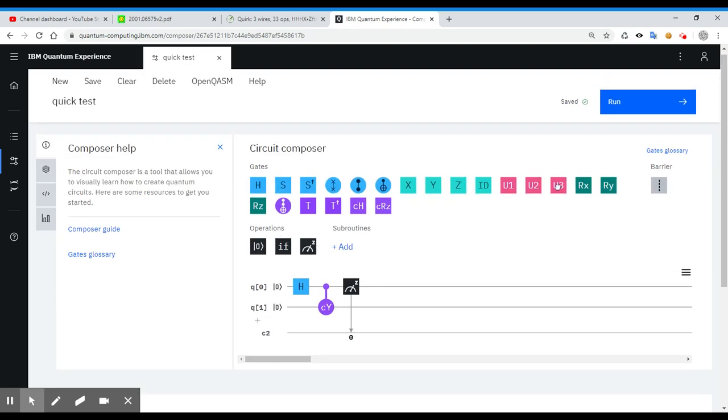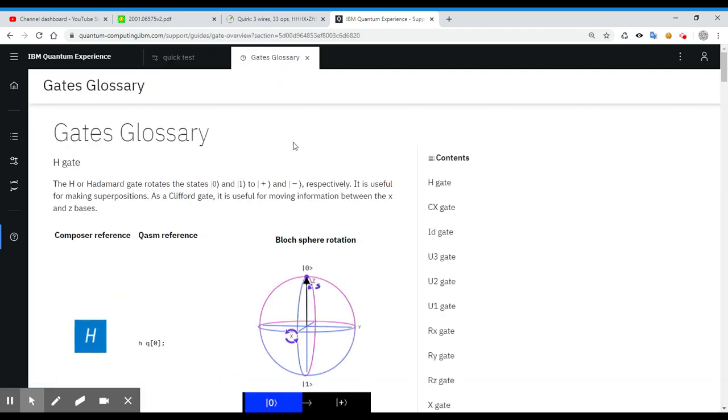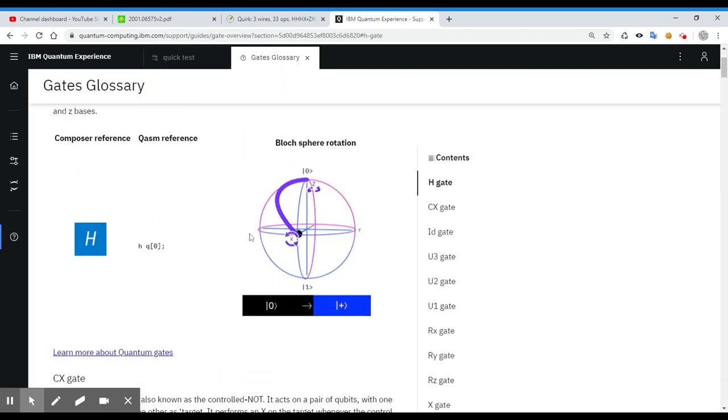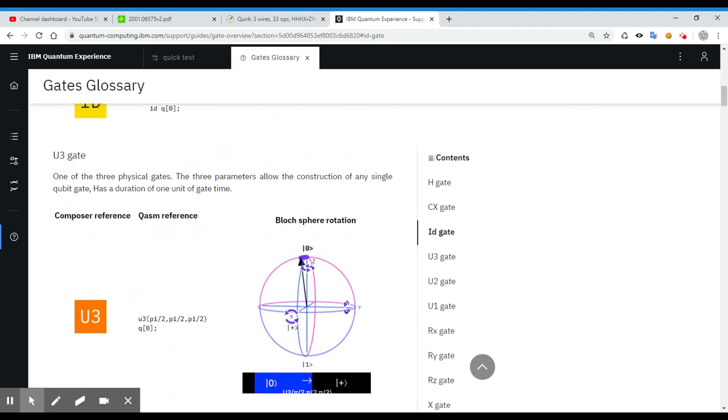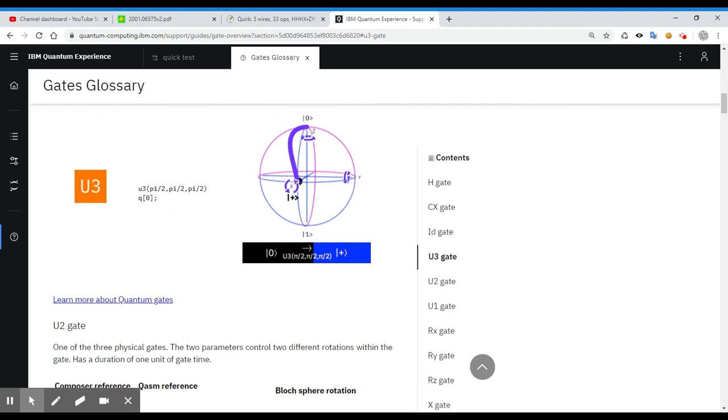So the U3 gate. Okay, so each of the parameters is the angle you rotate in one particular axis, or what?